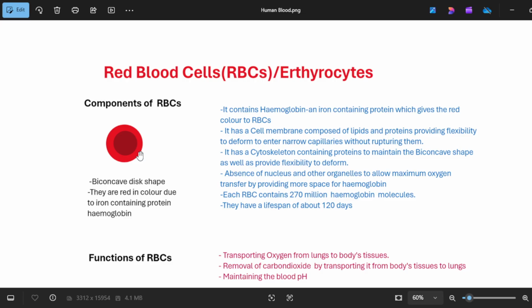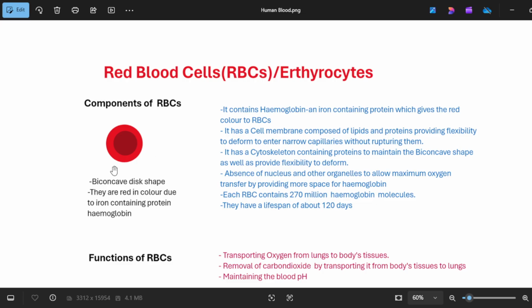It also has a cytoskeleton containing proteins, which gives it the biconcave shape we were talking of.